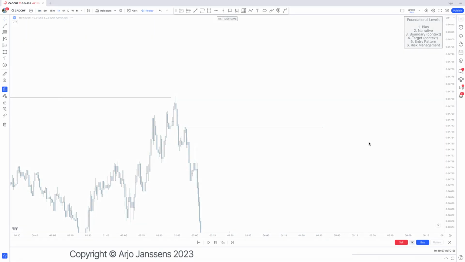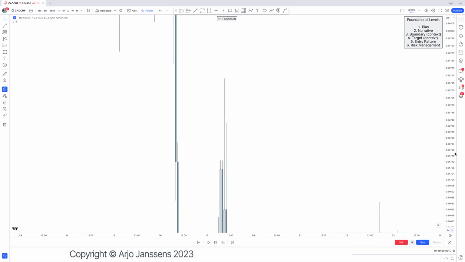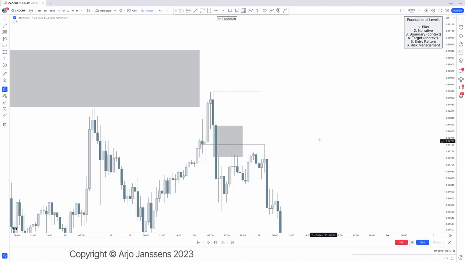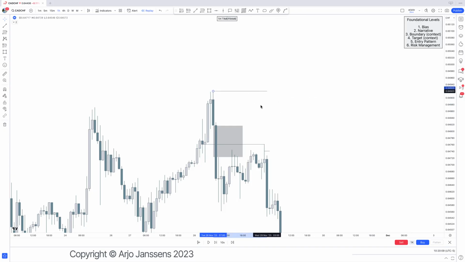So if we went into the 1 hour, we saw that on the 1 hour we had this high right there and this premium array that we could continue lower off of. But in order for this 1 hour to be in context, and to know that we are not going above this high, we needed to know if there was something on the time frame above us to trade into to be in context again.